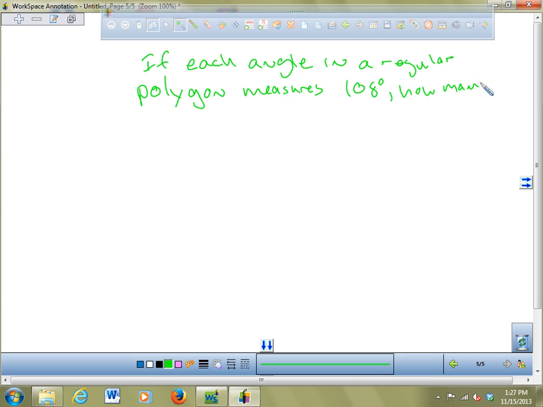So would you backtrack? If you do 108, that'd be like n minus 2 times 180 equals 108, basically? Almost, okay? What you'd want to do is n minus 2 times 180 divided by n equals 108, okay?